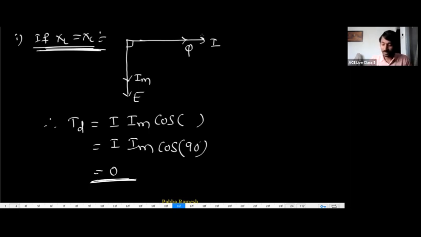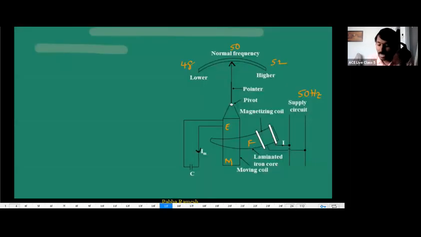Sir, second case, if frequency is greater than 50. I'm taking the normal frequency as 50. Suppose the unknown frequency is greater than 50, what will happen?